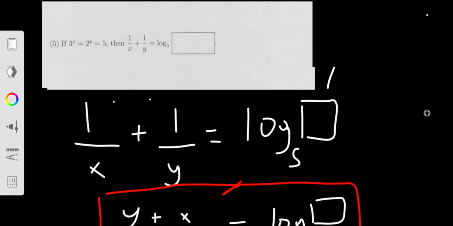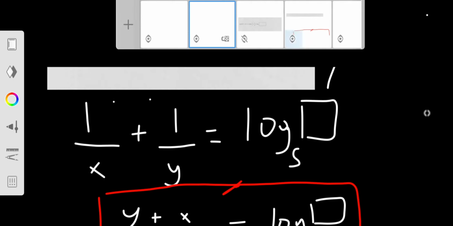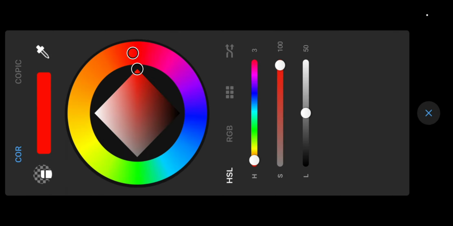So the information that he gave us is 3 to the power of x is equal to 5.